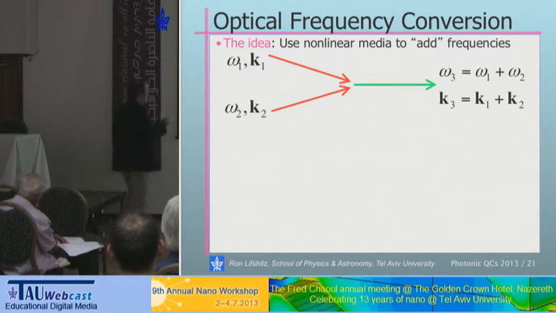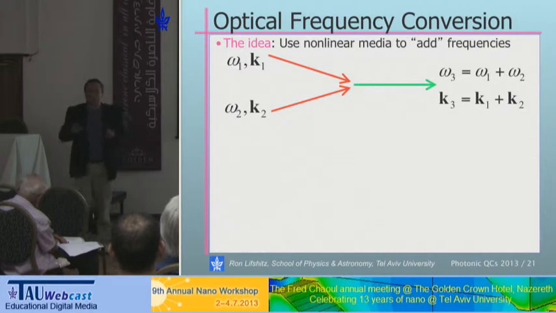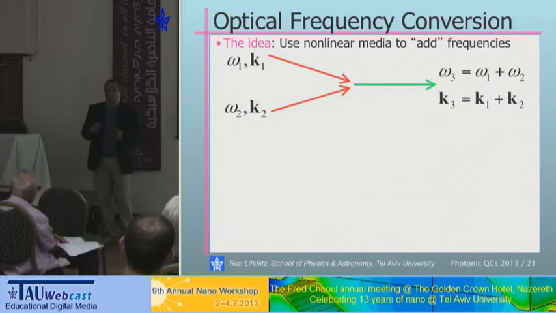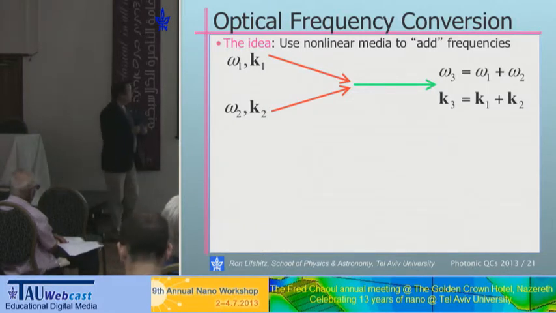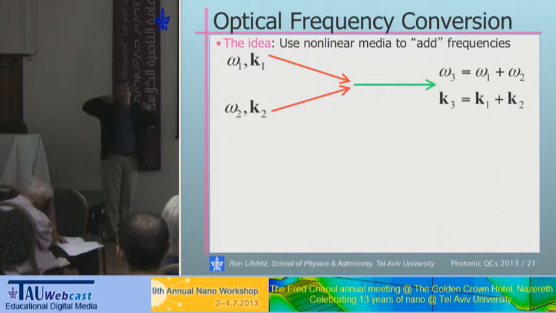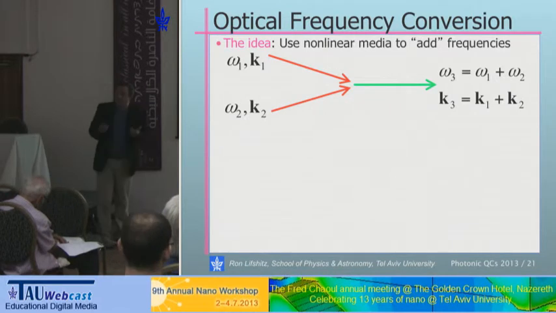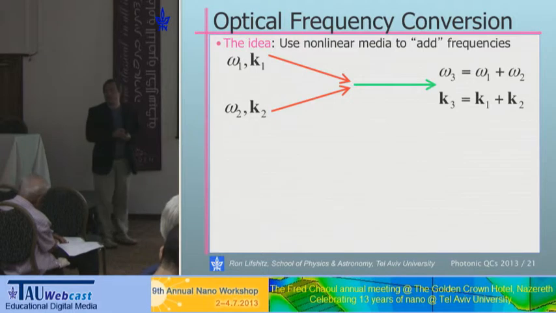Now, the light has two properties. It has its frequency as a property, and it also has the wavelength of the light as a property, or as I've written it here, the wave vector, the wave number, describing both the wavelength and the direction of propagation of the light. And when you add frequencies in this way, you have to satisfy two requirements.